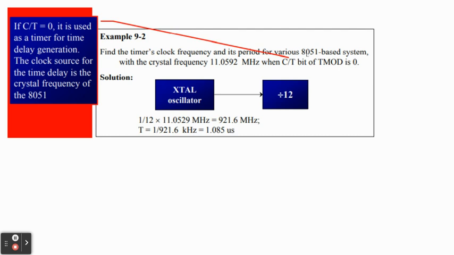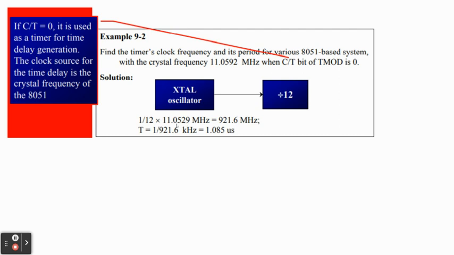If you make C/T equal to 1, it means you want to use the timer as a counter. Because the timer can be used as a counter or as a timer. So as said here on the left side, all you have to do is divide 1 by 12 and multiply by 11.0592.